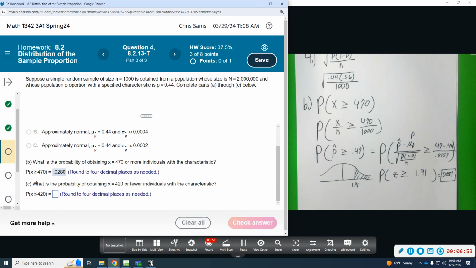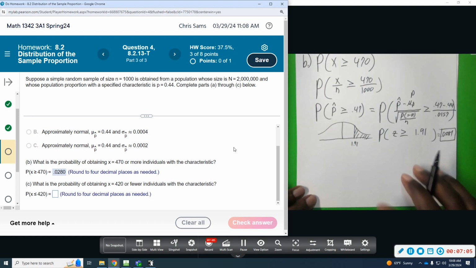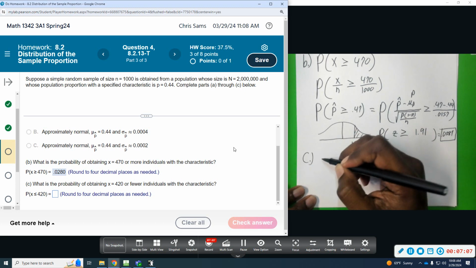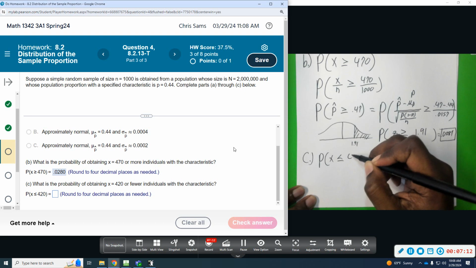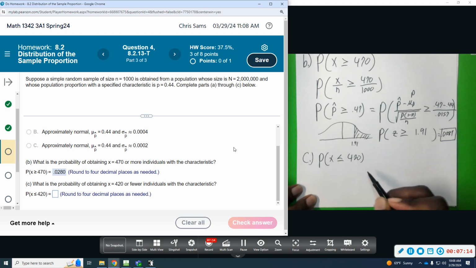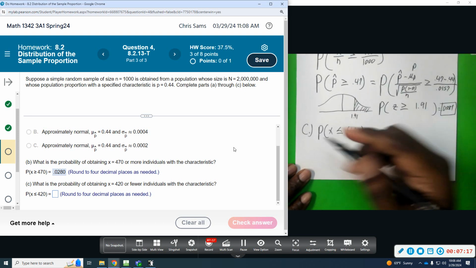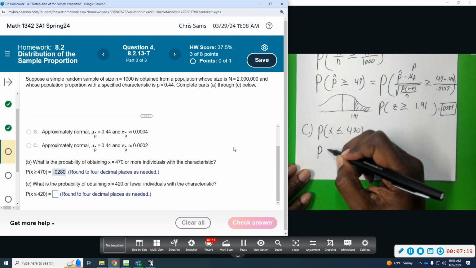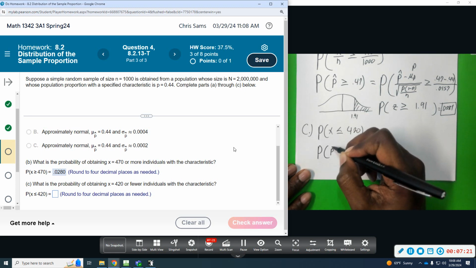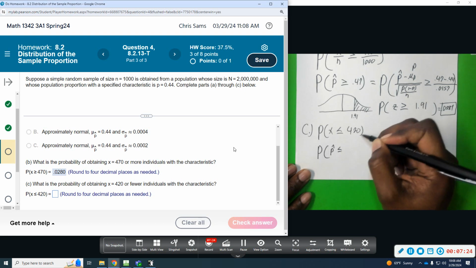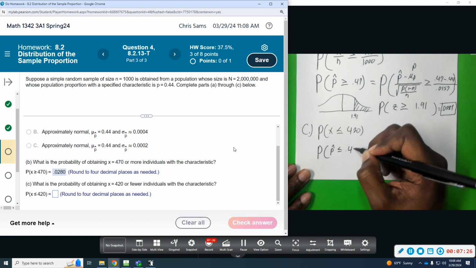And then part C, what's the probability of obtaining x equal to 420 or fewer? So we want 420 or less. If we apply dividing by n, doing the proportion, we end up with p hat less than or equal to 420 divided by 1,000, and you will get 0.42.